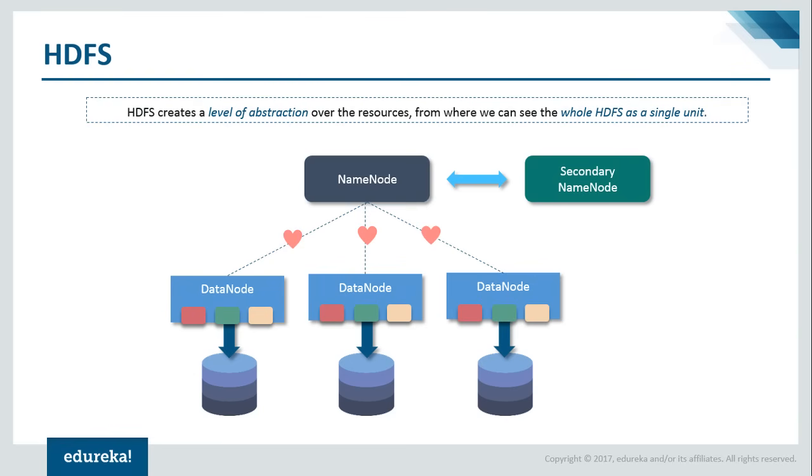As you can see, the master is known as the name node, and the slave nodes or the daemons are the data nodes. All right. So these are the daemons included in HDFS. There is the name node, which is the master node. There is the secondary name node and the slave nodes, which are the data nodes. Now we'll talk about each of the components, each of the daemons, one by one.